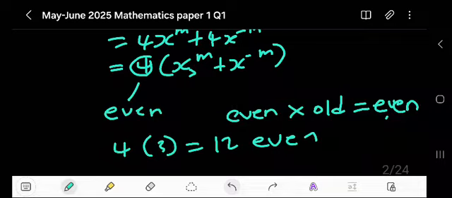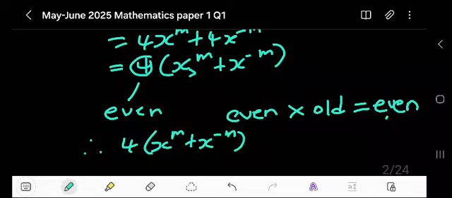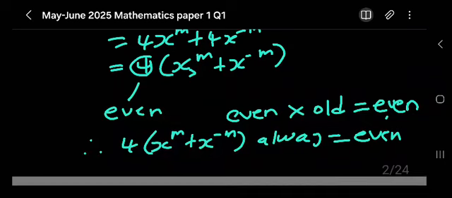You can say, therefore, for this thing, for x like this, our result minus this will always equal an even number.